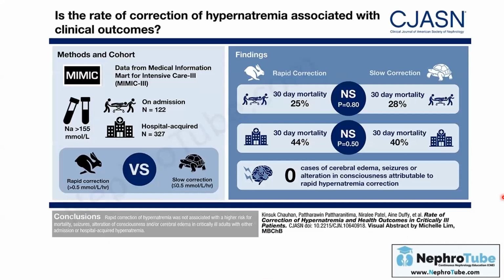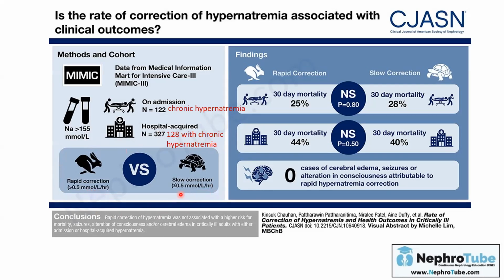In this study, they had 122 patients on admission who were diagnosed as chronic hypernatremia, and 327 patients had hospital-acquired hypernatremia. 128 of them had chronic hypernatremia. And they compared rapid correction versus slow correction.